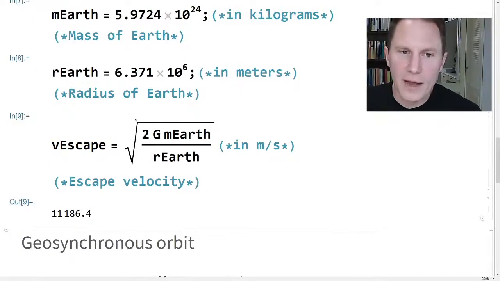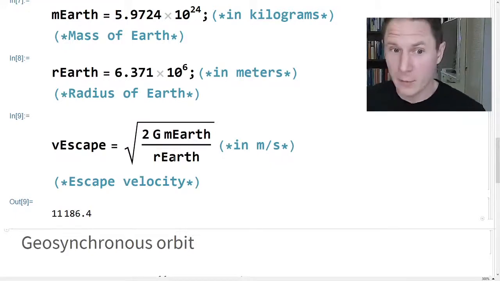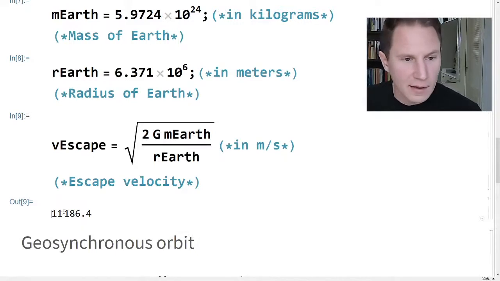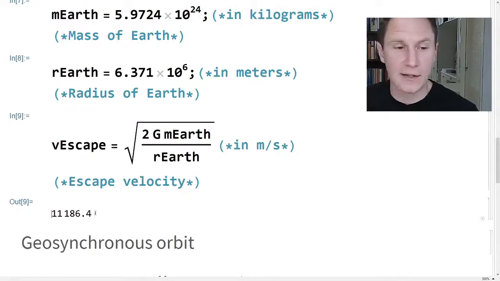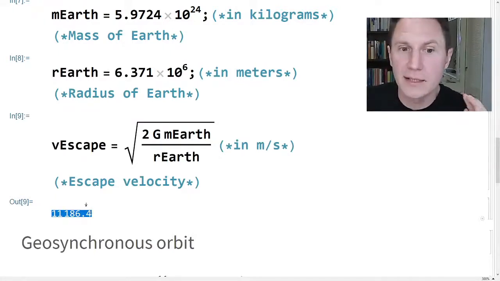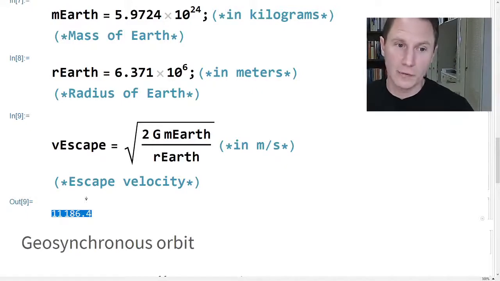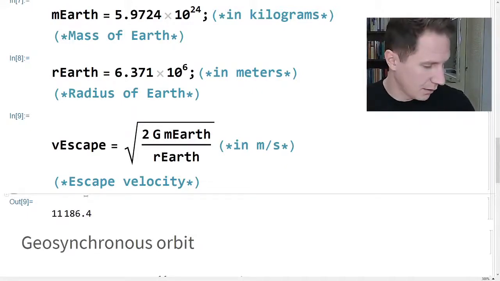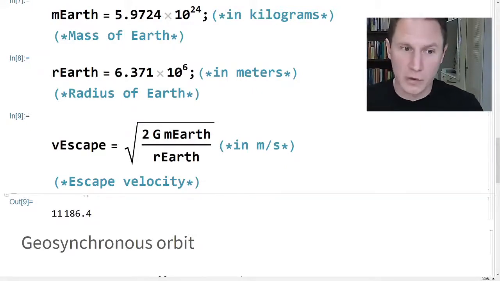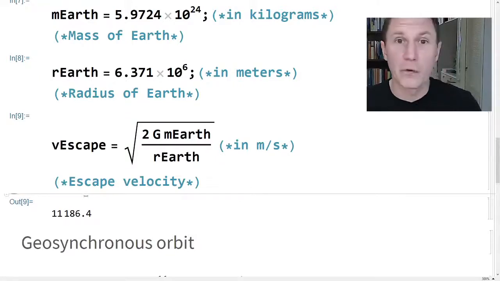So this is the square root of 2 times the gravitational constant times the mass of the Earth divided by the radius of the Earth, and this is what we get, 11,186.4 meters per second. So it is roughly 11 kilometers each second, so more than 6 miles per second that you have to go and speed your rockets up to in order to escape from Earth.